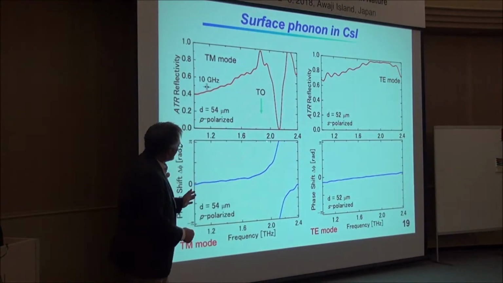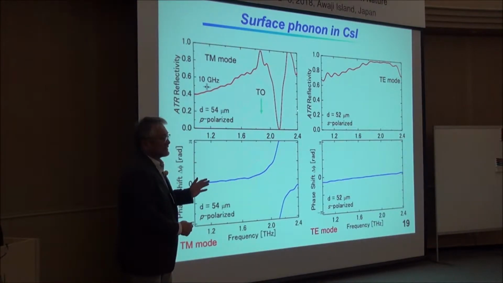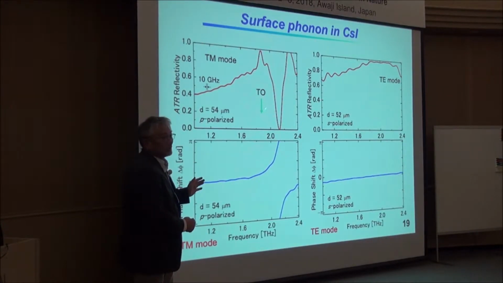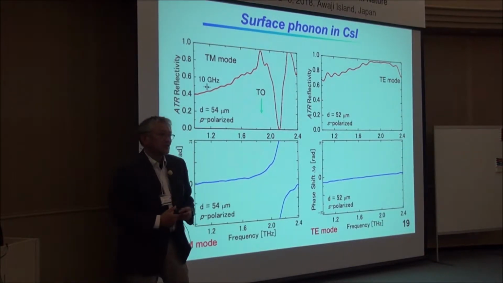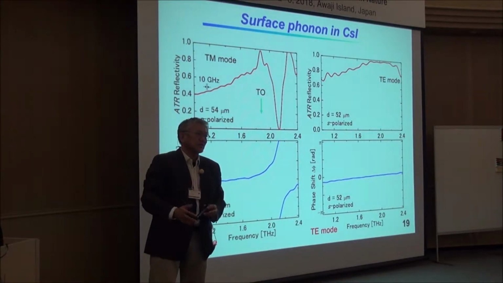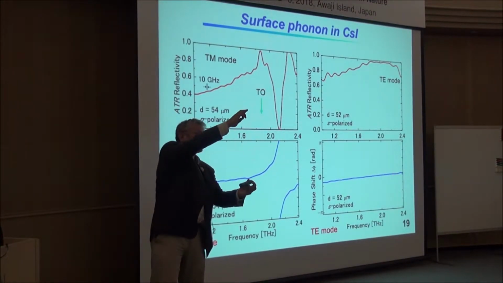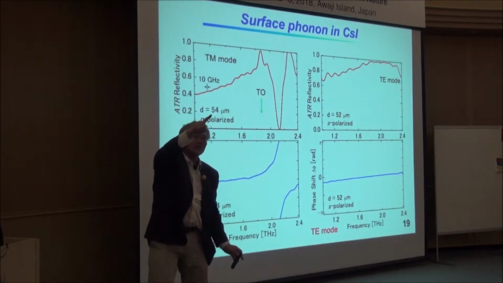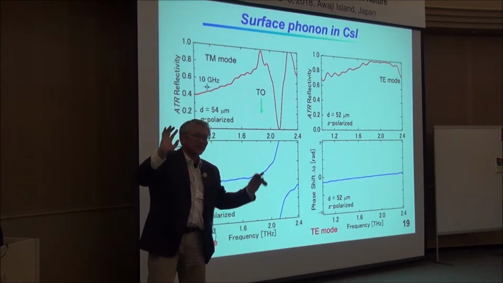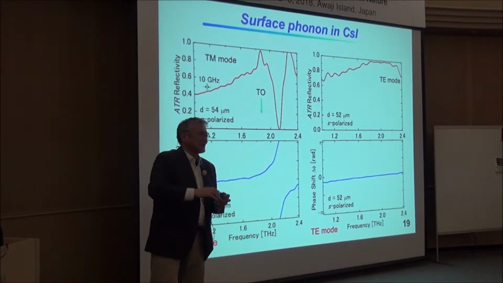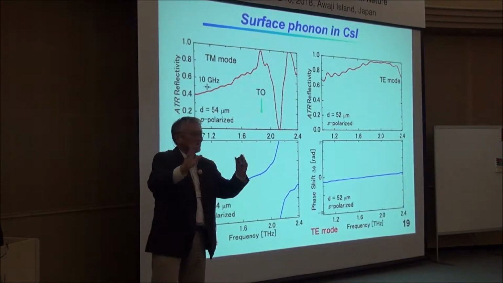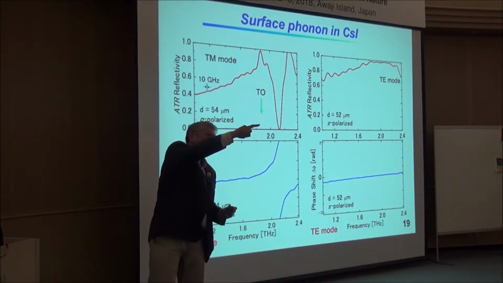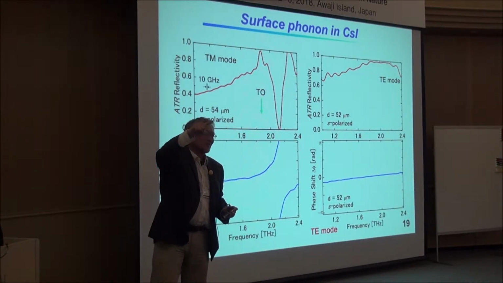So this means that this absorbed mode should be TM mode. And this position is not the same as the TO mode. This is a signature of the surface phonon mode, because the surface mode appears around where the dielectric constant equals 0. In some solid-state physics textbooks, surface plasmon also appears around dielectric constant 0.